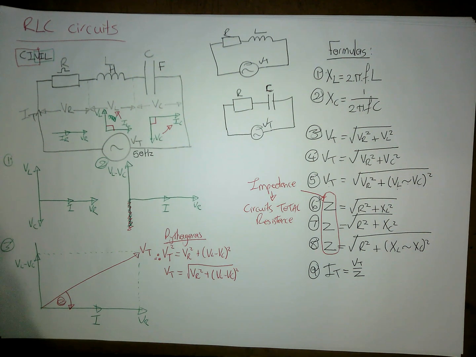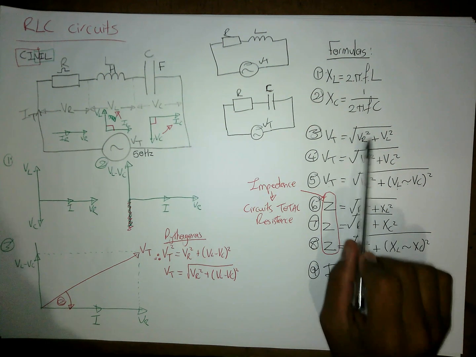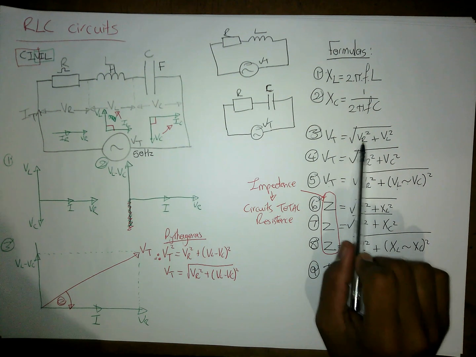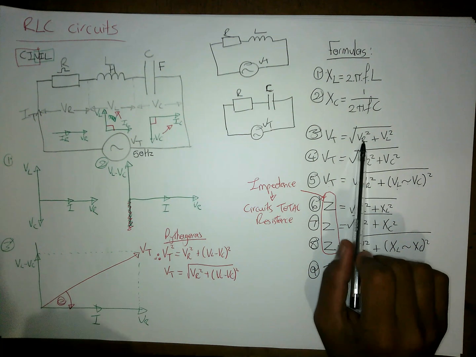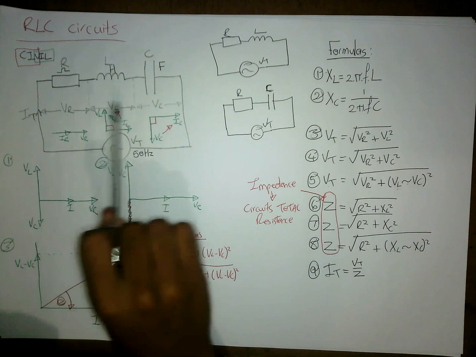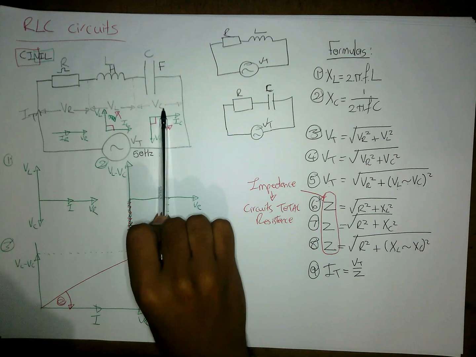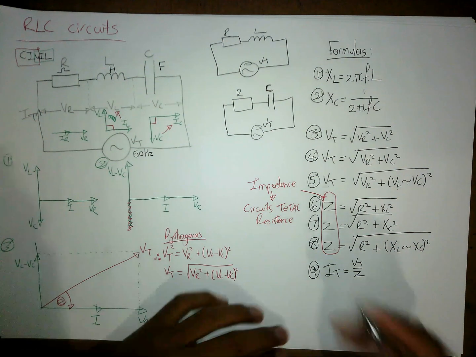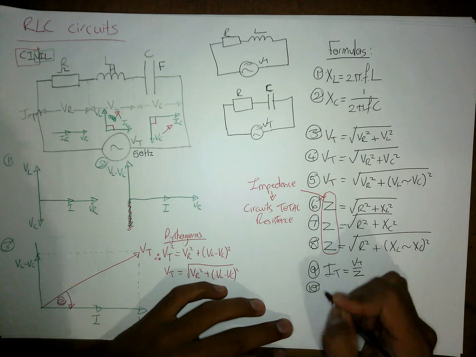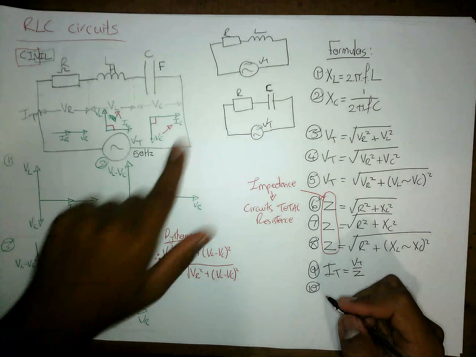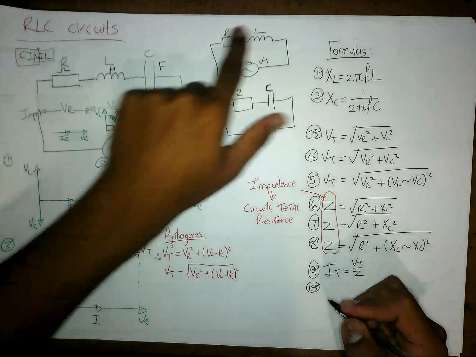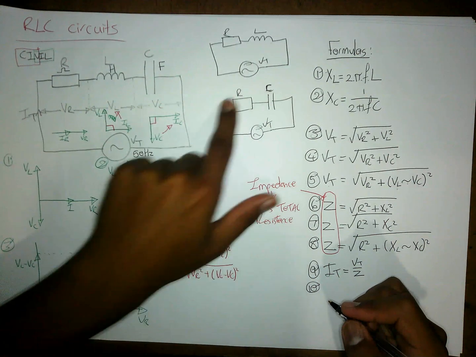So we have to calculate our voltage drops, right? Our voltage drop VR, voltage drop VL, voltage drop VC. We get that very easily. We now know that the current through the circuit is the same, because all the components are in series.